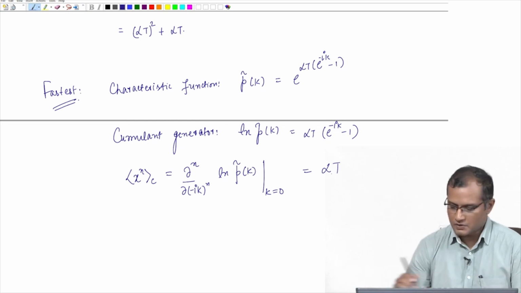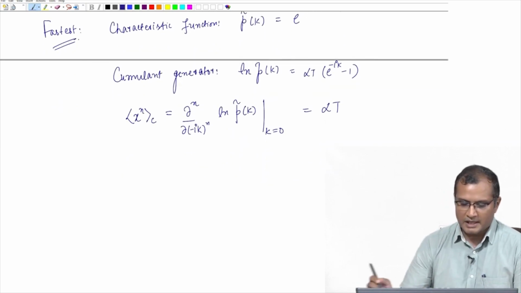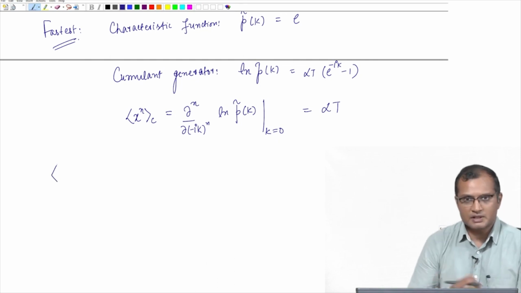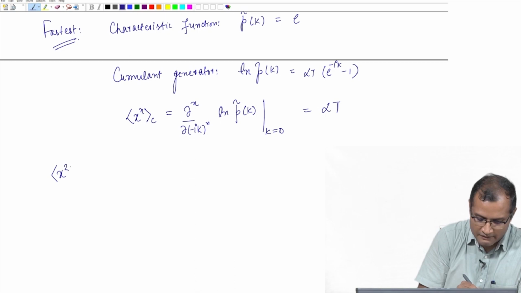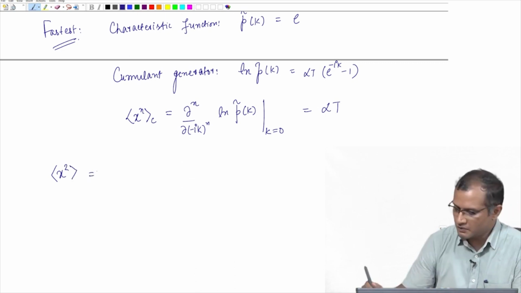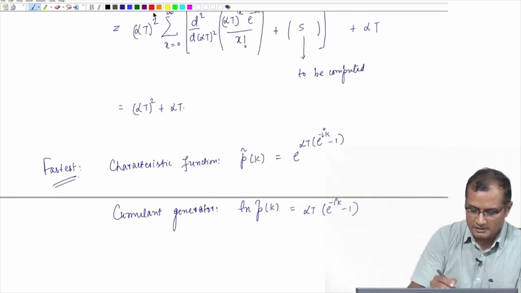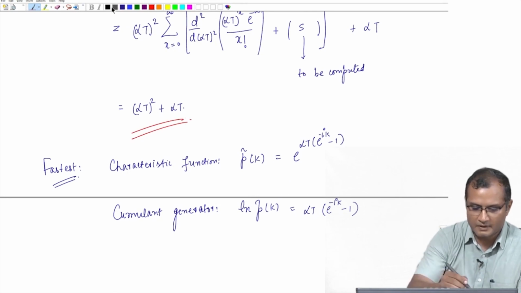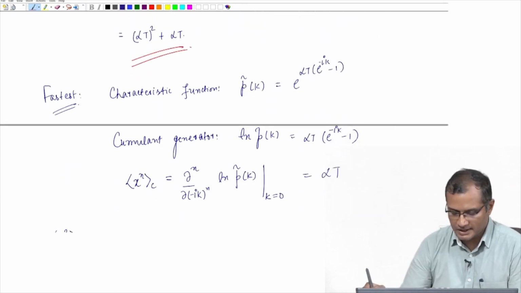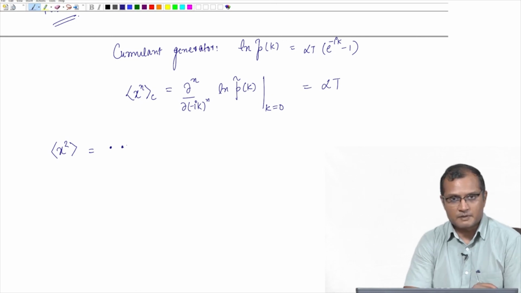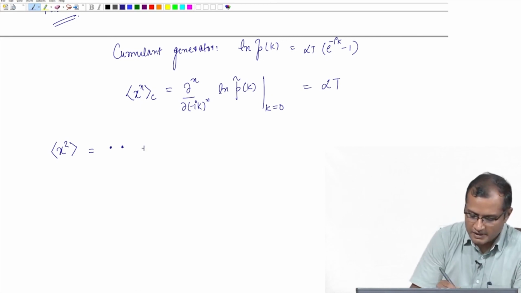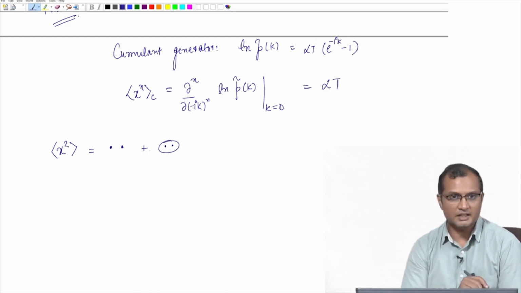Okay. So, when that happens, I can compute any moment using the cumulants, and all cumulants are just alpha t. So, suppose I want to have the second moment which I have just computed here, this guy. Okay. I will check it here. So, by my knowledge of the diagrams, that I have just explained a little while ago, the only combination I see is basically leaving them open and connecting them.